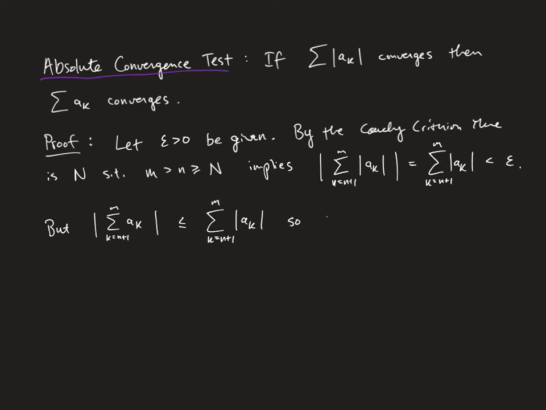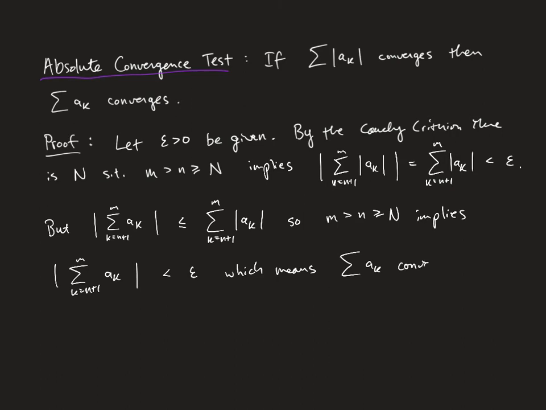So m bigger than n, bigger than or equal to capital N, implies that the partial tail of the original series is less than epsilon, which means that the original series converges by the Cauchy criterion.